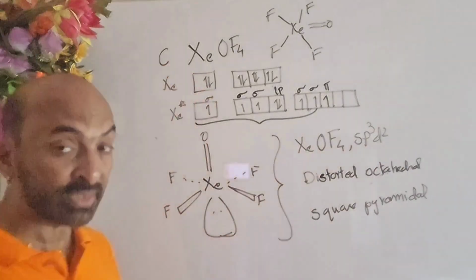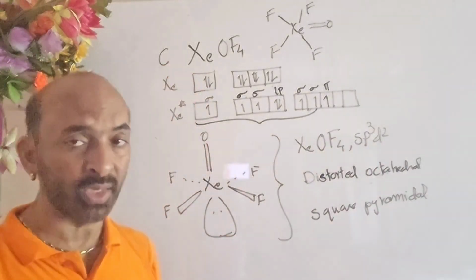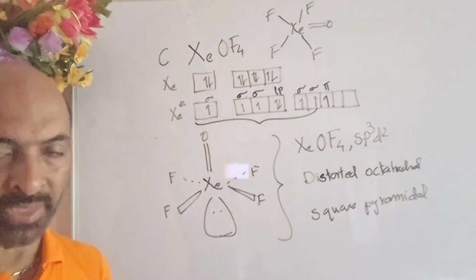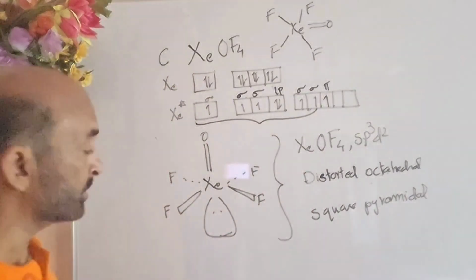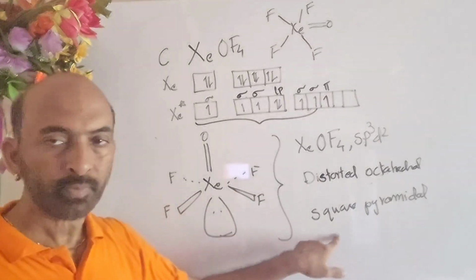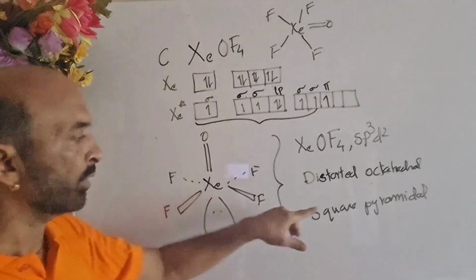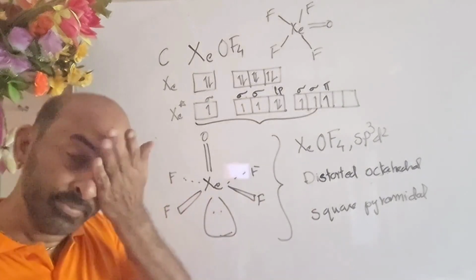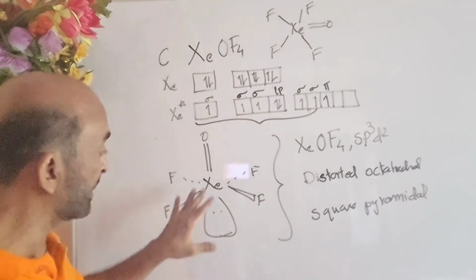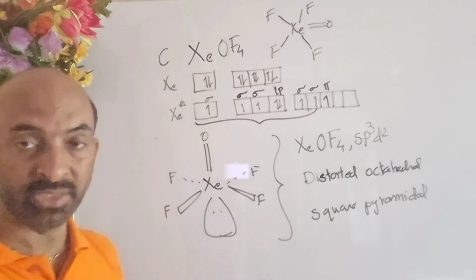Its structure is distorted octahedral, distorted due to the presence of this lone pair, and the shape, you simply ignore the lone pair, so that it is square pyramidal. If you avoid this, it is square pyramidal. The Egyptian pyramids are actually square pyramidal, isn't it? So that is the shape. So we have covered C also.